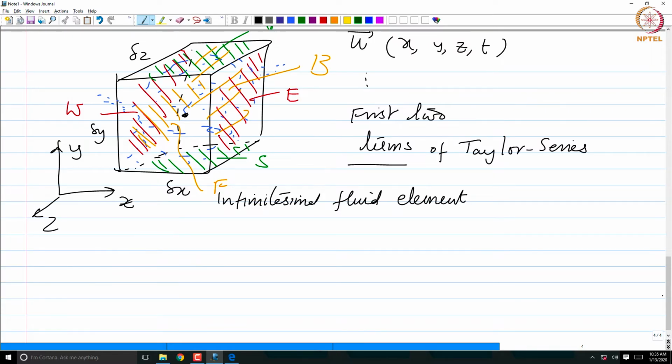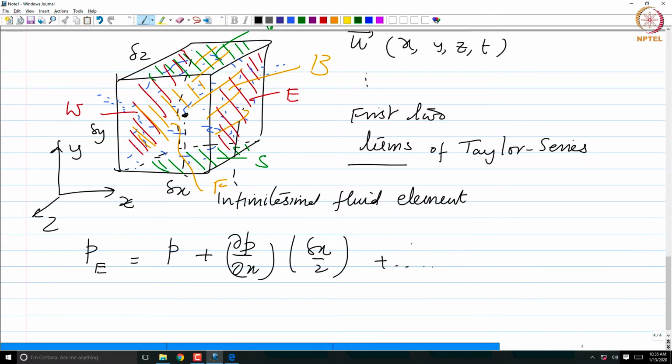All right. Now, if we want to construct the properties, let's say we want to construct pressure on the east face, we could write it as P, right? This is P at x, y, z that we have. The east face is at a distance delta x by 2, right? So I could obtain it using Taylor series as P plus partial P partial x times delta x by 2, plus higher order terms, which I don't need because the element is so small that this is accurate enough to represent the face value of the pressure.